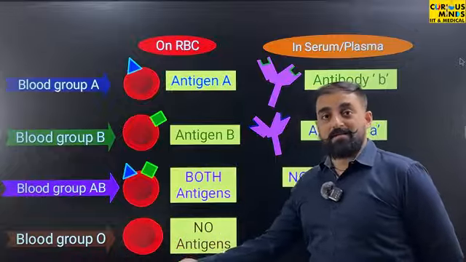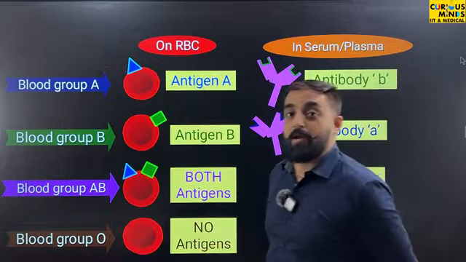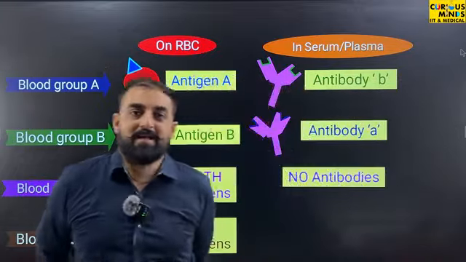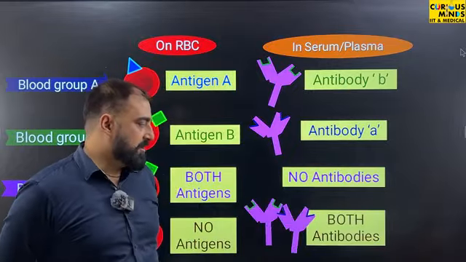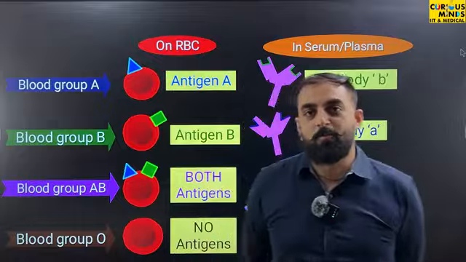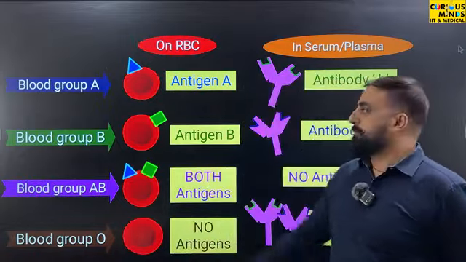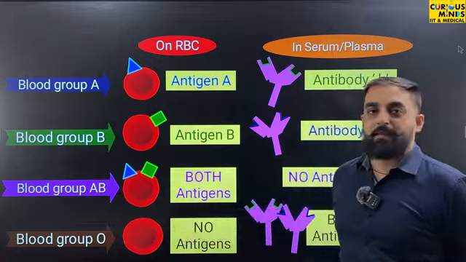As they don't have antigens, in their serum or plasma we can have both the corresponding antibodies, A and B. So this was about how different types of blood group came into picture and what gives rise to different types of blood group like A, B, AB and O.